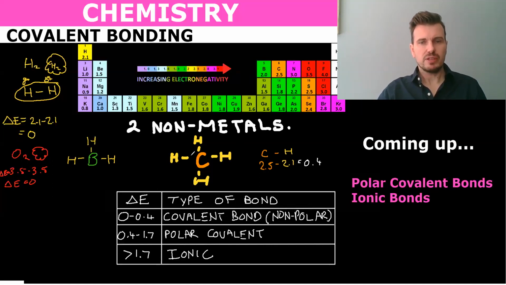Now, if we look at the electronegativity of hydrogen, it's 2.1, and boron is 2. We get our change in E is 0.1, and it's covalent.